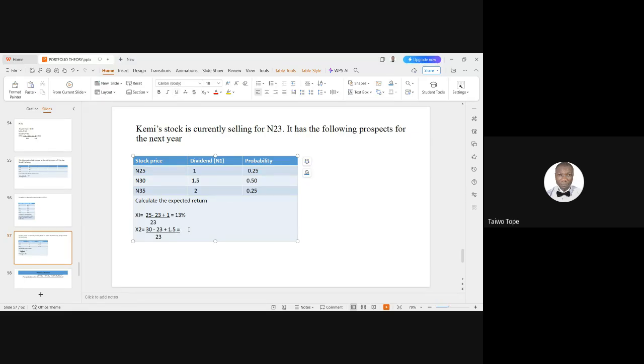When we solve this, what will be our return?